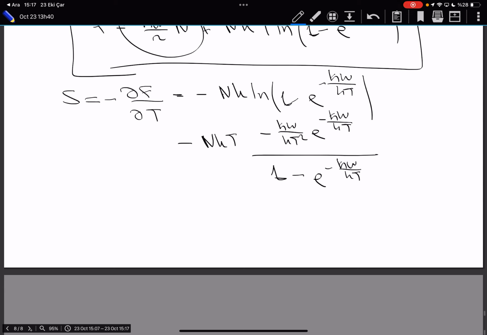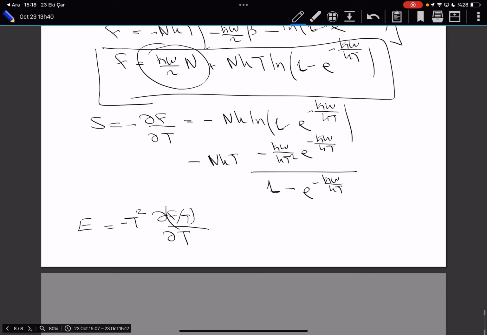Let's calculate the energy. The energy is minus T squared times the derivative of free energy over T with respect to temperature, keeping everything else constant.